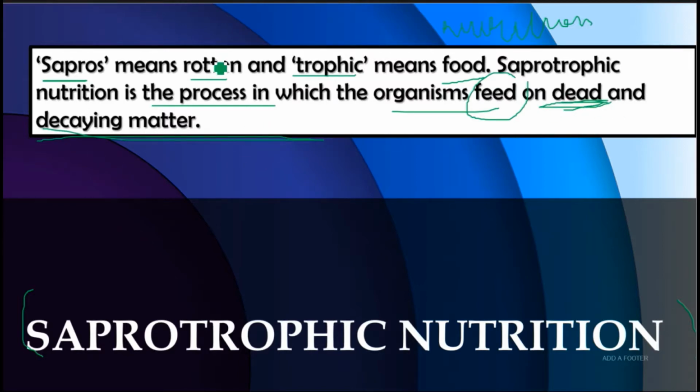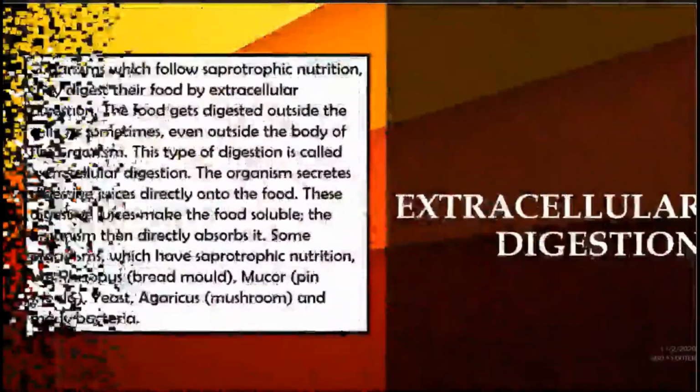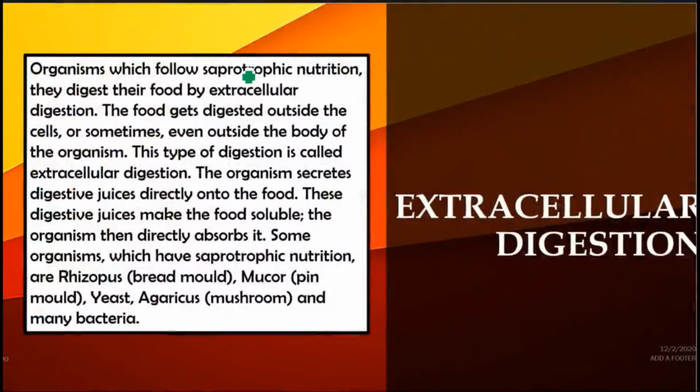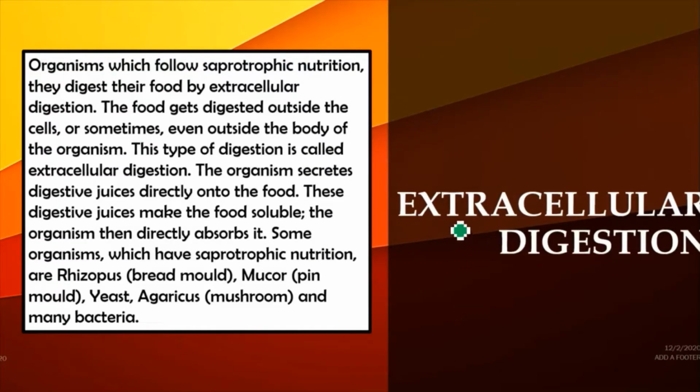Dead and decaying matter, and actually the rotten. Rotten means sada hua. So, this is saprotrophic nutrition. In saprotrophic nutrition, the organism feeds on the dead and decaying matter.